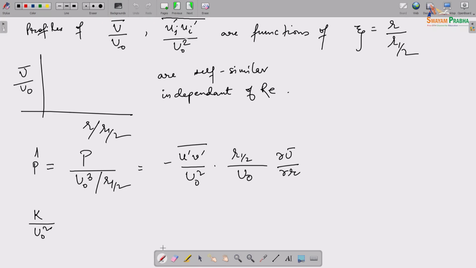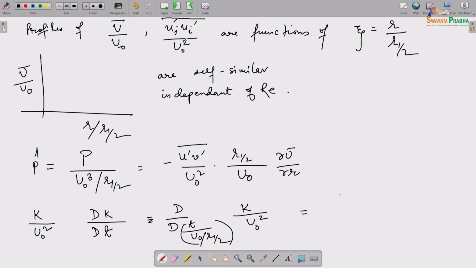So now T of course will scale by u naught by r half, isn't it? So this one, if I scale, T can be scaled by u naught by r half, and K itself I'm going to scale by u naught square. So this essentially means that I'm scaling this by u naught cubed by r half.